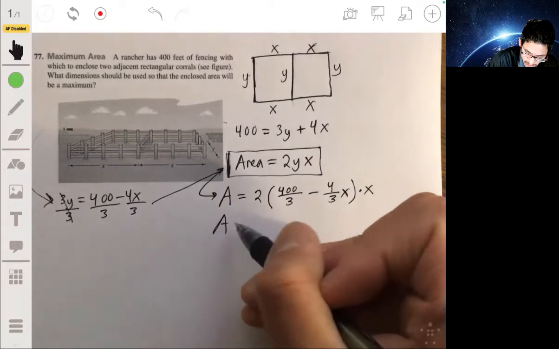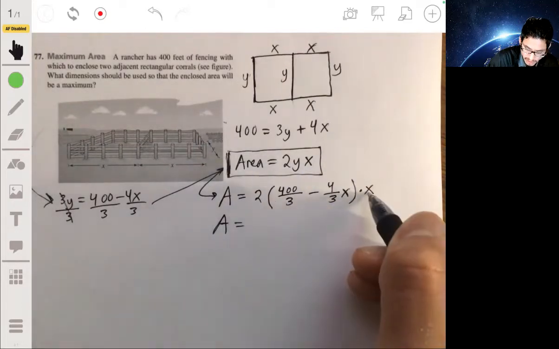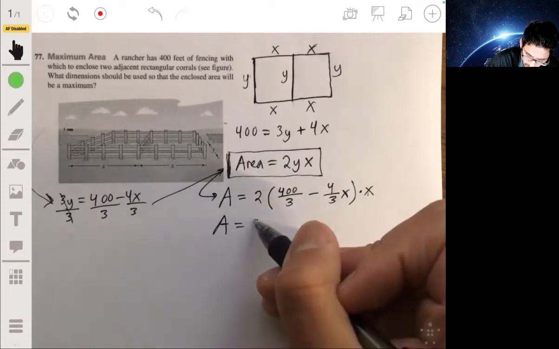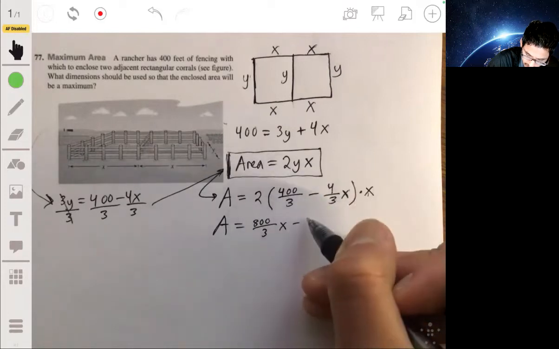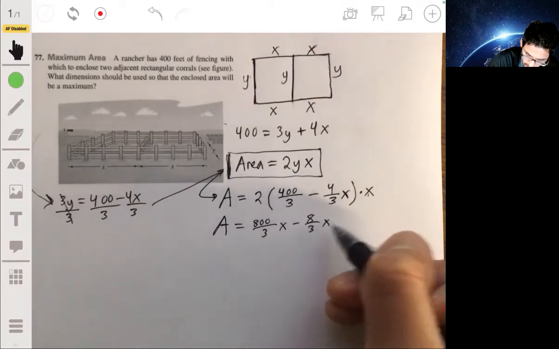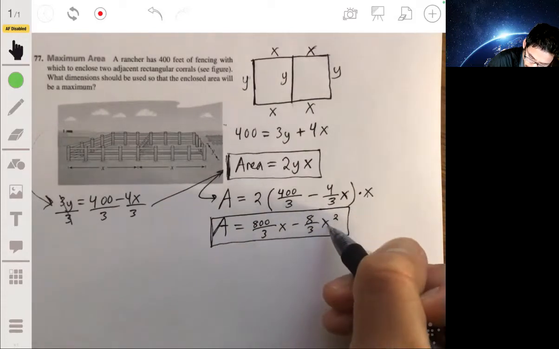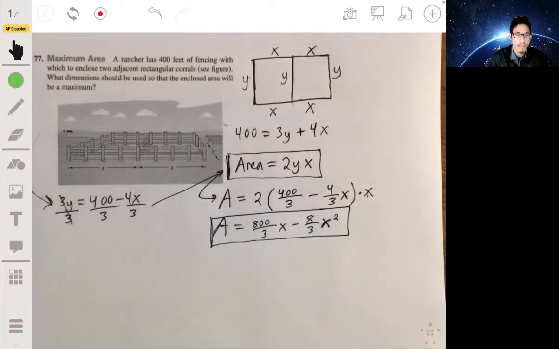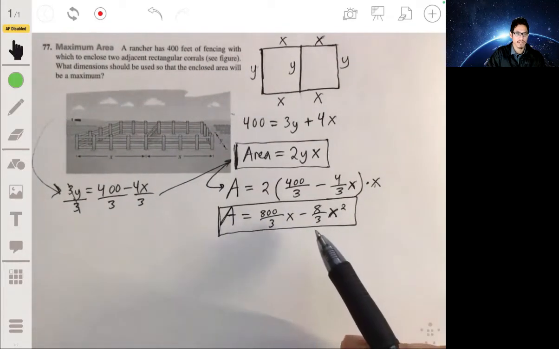Rewriting it, multiplying everything by x and the 2, we'll get area is 800/3 x minus 8/3 x squared. Now we've got an equation for area in terms of just x.